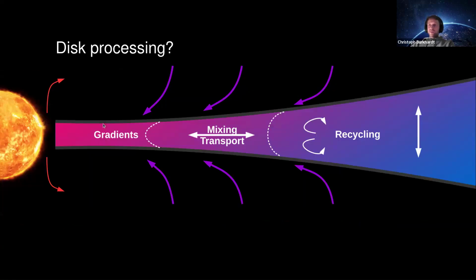The other end member is that everything is happening in the disk and all the infall was homogeneous, but then different carriers were separated in the disk because of gradients, like the temperature gradient, and only refractory grains might survive here, and all the more labile carriers might be evaporated. That way we might have some basic unmixing and generate these variations.